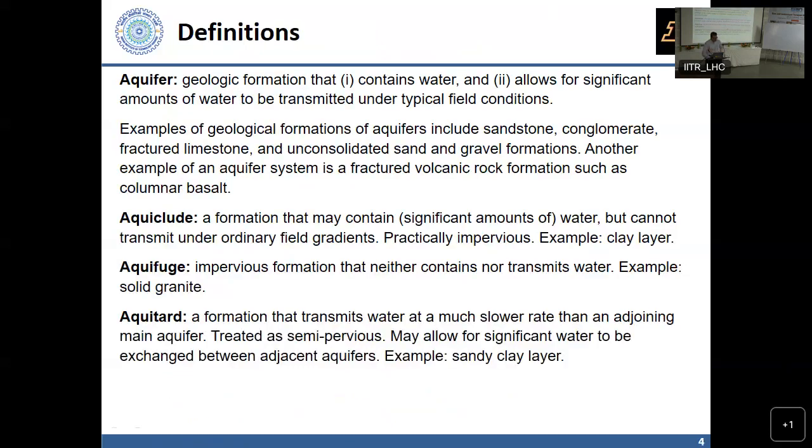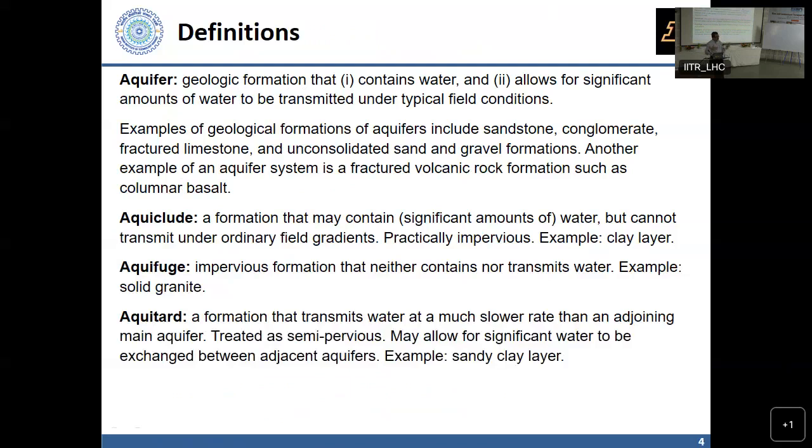Some quick definitions to get us started. An aquifer is a geologic formation that has two main purposes: it contains water and allows for a significant amount of water to be transmitted under typical field conditions. So there are quite a few things that must happen. It has to be able to store water, and you have to be able to move water under field conditions, meaning without having to apply huge amounts of energy.